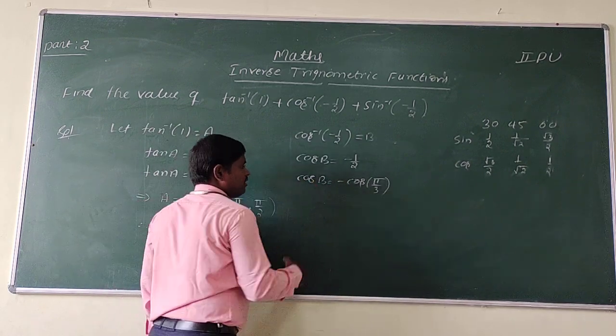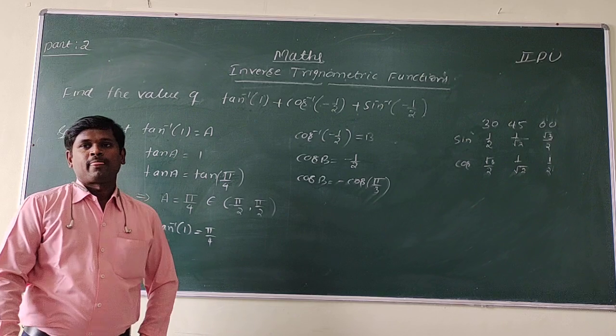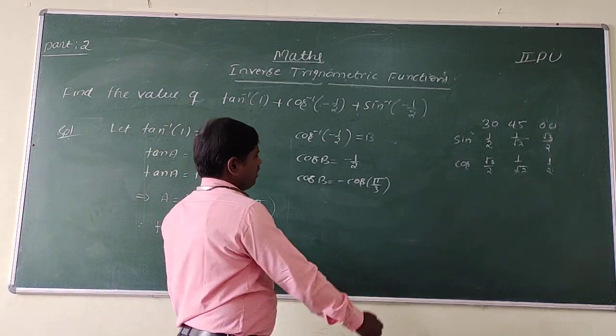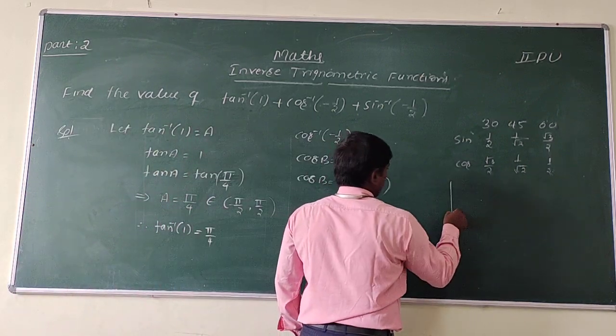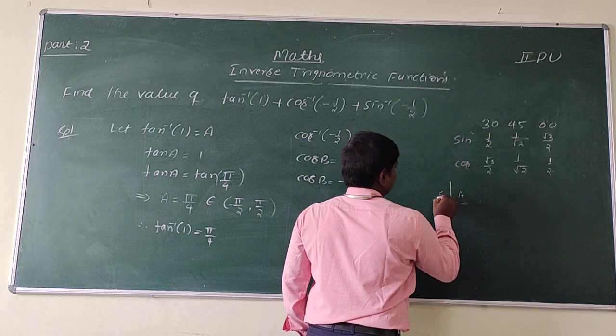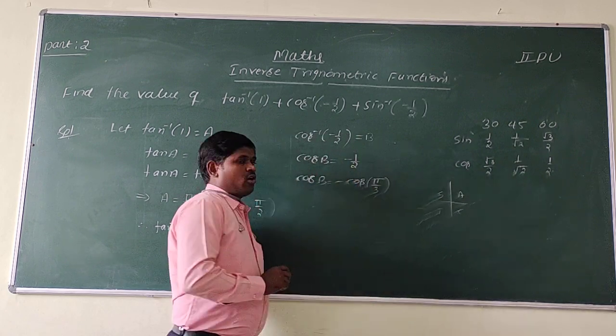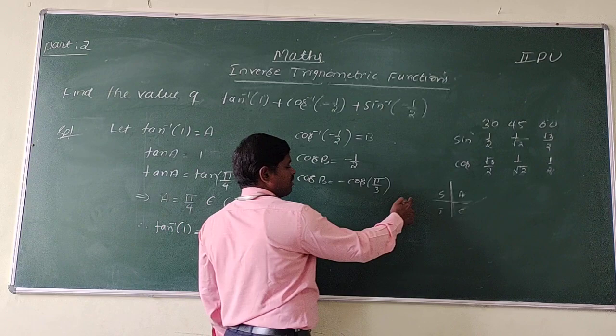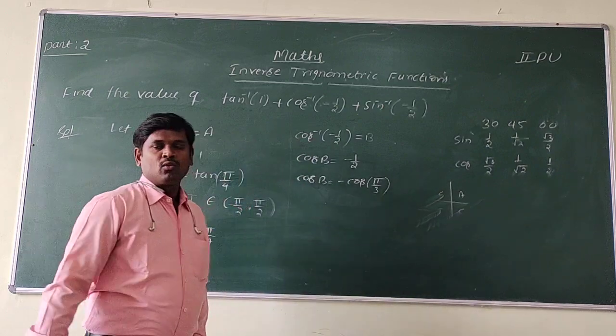In which quadrant is cos negative? By the ASTC rule, cos is negative in the second quadrant.